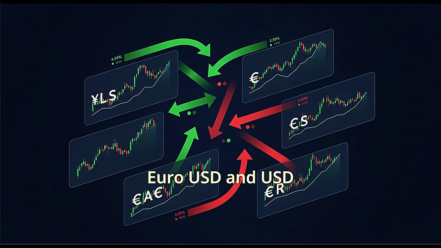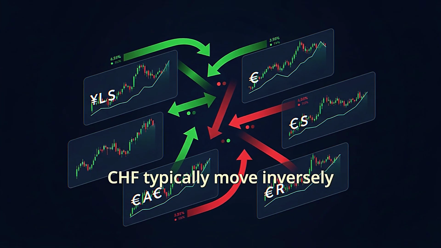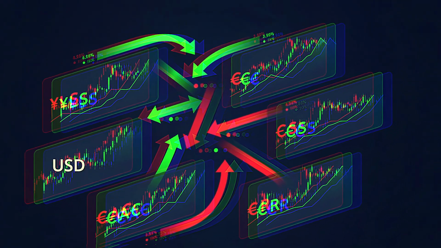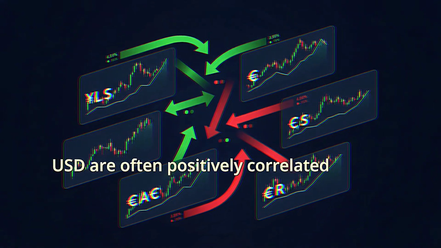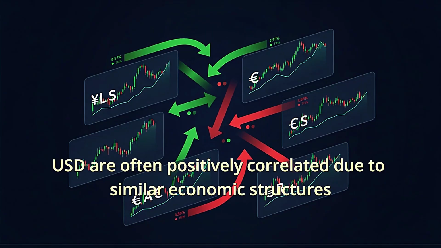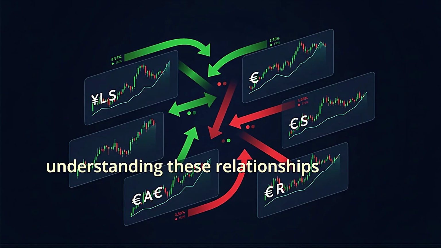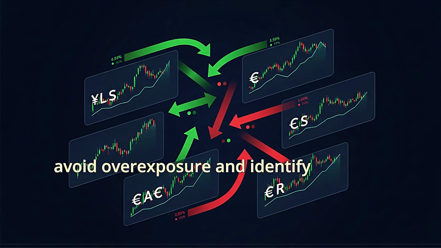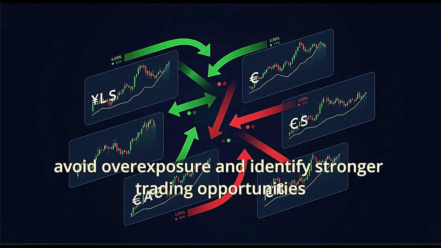EUR/USD and USD/CHF typically move inversely. AUD/USD and NZD/USD are often positively correlated due to similar economic structures. Understanding these relationships can help traders manage risk, avoid overexposure, and identify stronger trading opportunities.